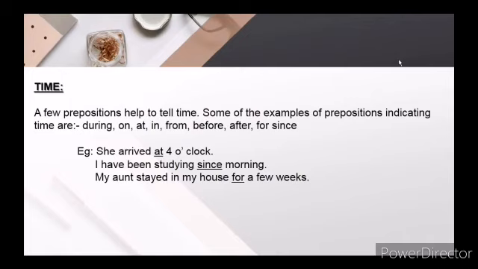Now, in is used for a longer period of time, like months, years, decades. At that time, we will use in. For example, it is used with years, months, centuries, etc. Like in March, in 2020, the pandemic occurred in 2020.